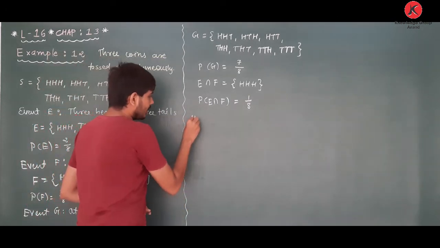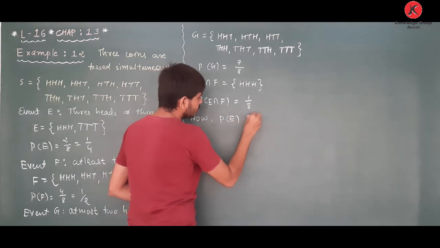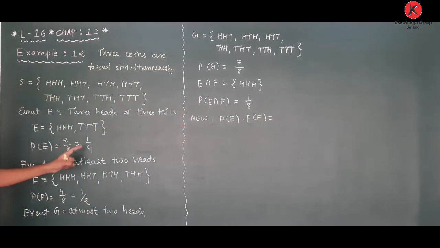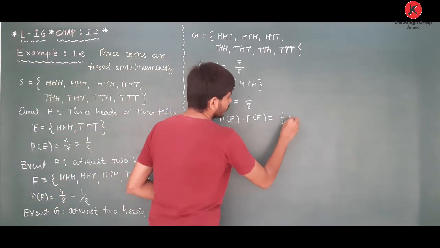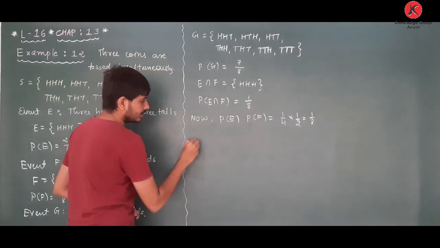Now we can also check by the multiplication, probability of E into probability of F. The probability of E is 1 by 4 and F is 1 by 2. 1 by 4 into 1 by 2 gives 1 by 8.